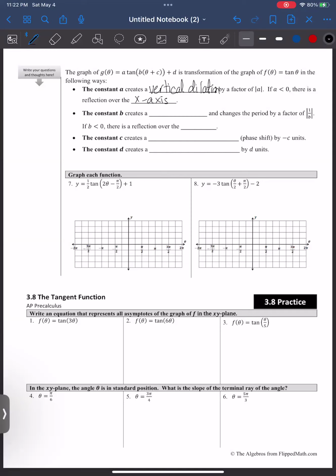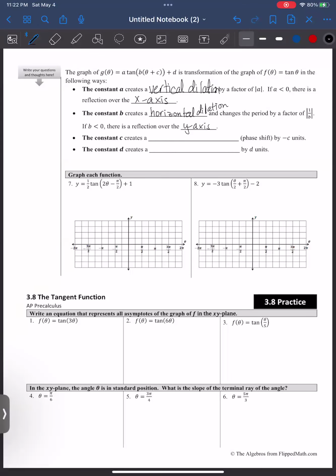The constant b creates a horizontal dilation and changes the period by a factor of absolute value of 1 over b. If b is less than 0, there is a reflection over the y-axis. So these are all rules of normal functions, right?